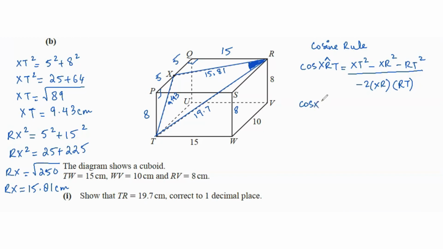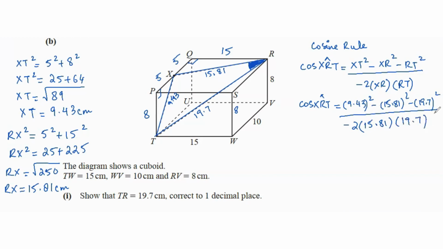So cos of XRT equals, XT is 9.43, XR is 15.81 and RT is 19.7, divided by -2 times 15.81 times 19.7. So now let's solve that.